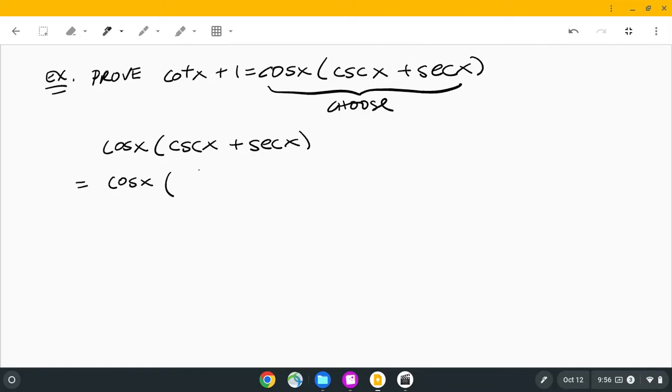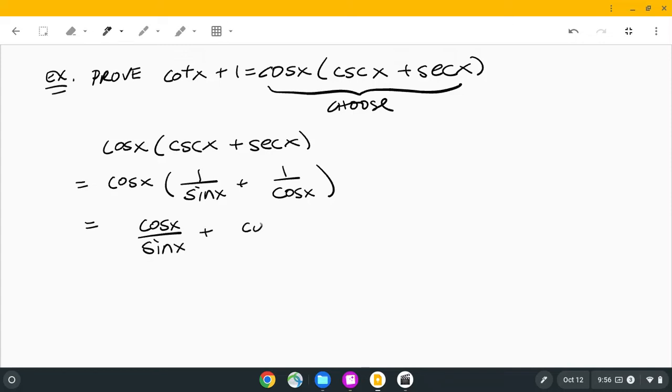Okay. Cosecant is 1 over sine. Secant is 1 over cosine. And then I'm going to go ahead and multiply the cosine x. I'm going to go ahead and distribute this to everything inside the parentheses. When I do that, I get cosine x over sine x.